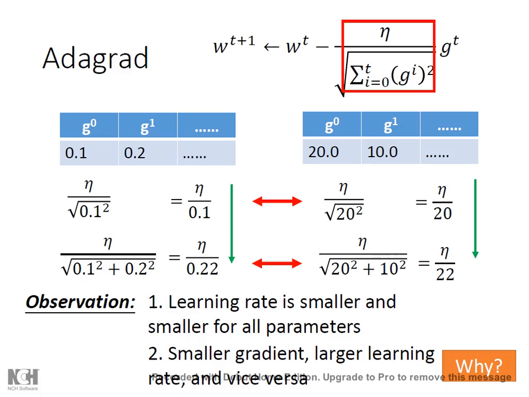Okay, so you can modify the equation. You create this equation like this. Here we use the denominator like this, and you can see. Suppose your gradient at the first iteration is very small, 0.1, 0.2.